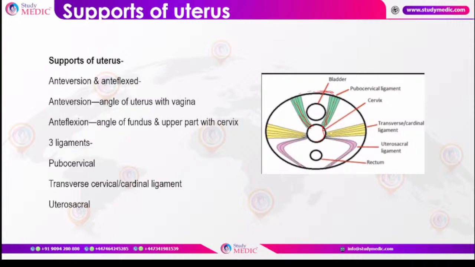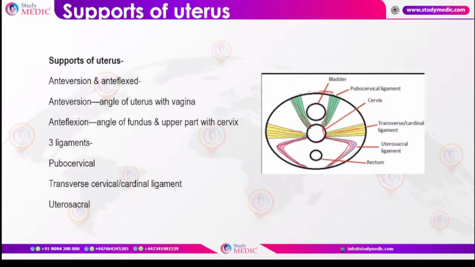Then laterally, these are the transverse ligaments, also known as the cardinal ligament or Mackenrodt's ligament. These are also important supports of the uterus. The most important support is the ligament which is posterior. This is called the uterosacral ligament.